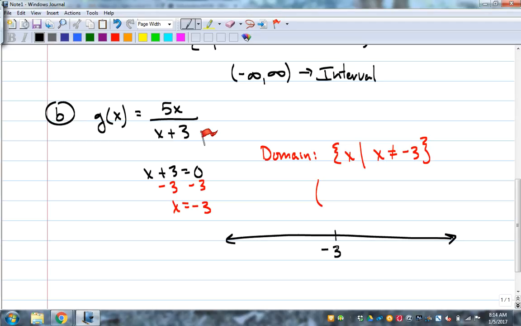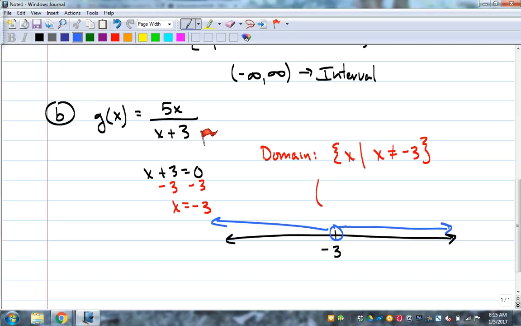Let's put negative 3 there in the middle. What's out here? Negative infinity, right, to the left. To the right would be positive infinity. So the interval notation, all the answers are everything except that. The number line graph of that looks like that.